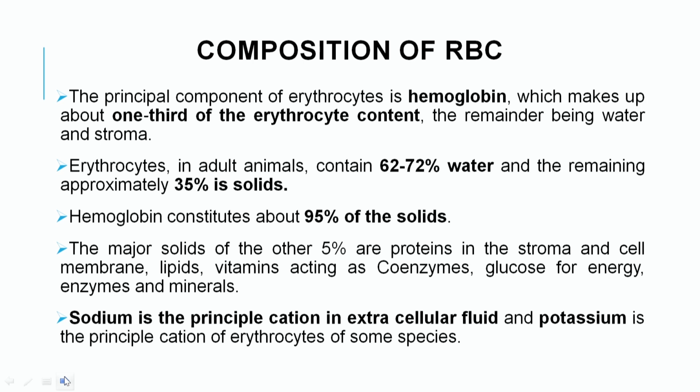Hemoglobin constitutes about 95% of the solid. The major solids of the other 5% are protein in the stroma and cell membrane, lipid, vitamins acting as coenzymes, glucose for energy, enzymes and minerals. Sodium is the principal cation in the extracellular fluid and potassium is the principal cation of the erythrocyte of some species.